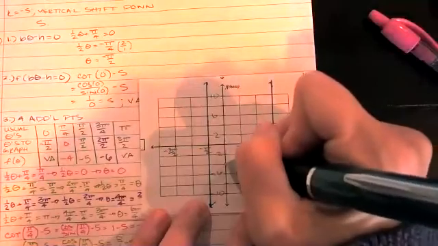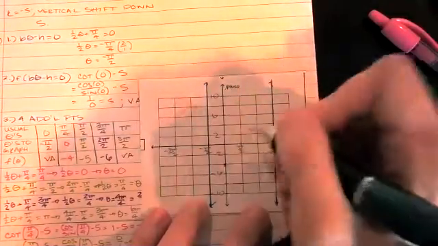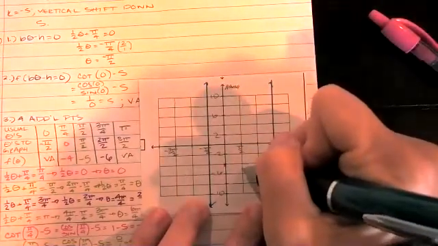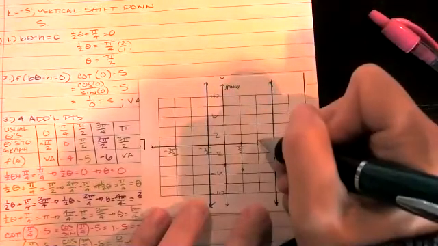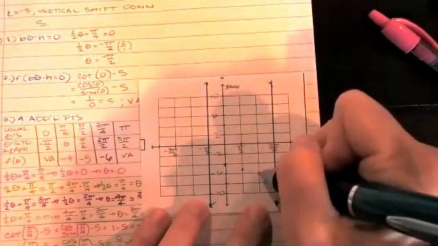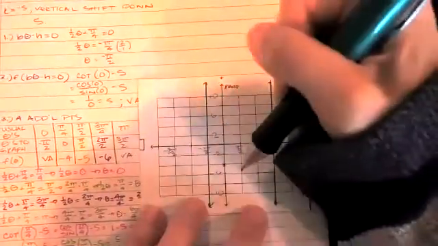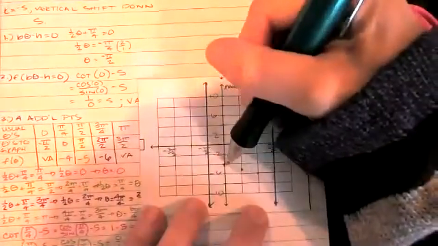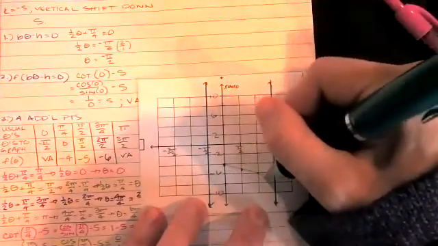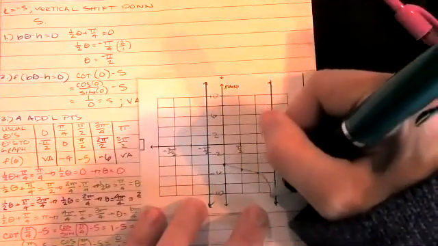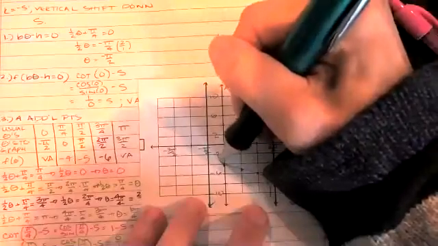Okay, so 0 is at negative 4, and pi over 2 is at negative 5, and 2 pi over 2 is at negative 6. And so here is our curve.